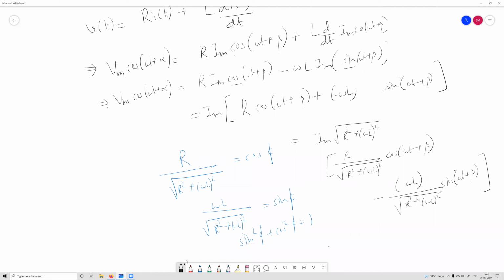So what do we get? We get Im square root of R square plus omega L square times [cos phi cos(omega t plus beta) minus sin phi sin(omega t plus beta)]. Okay, we're getting this.